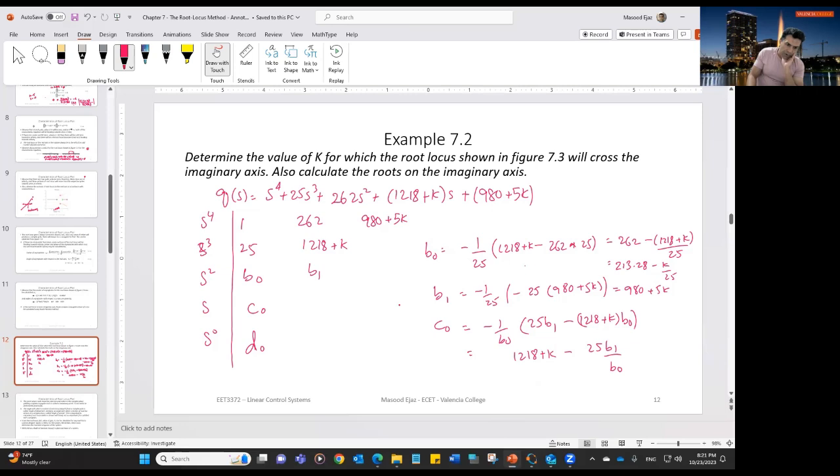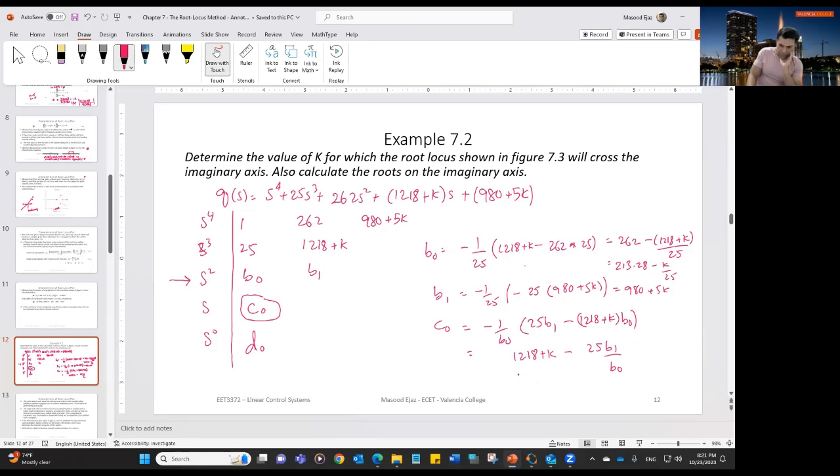In order for the poles to be on the y-axis, C naught is going to be 0, so that we can calculate the poles from this equation. That will give us the complex conjugate poles.